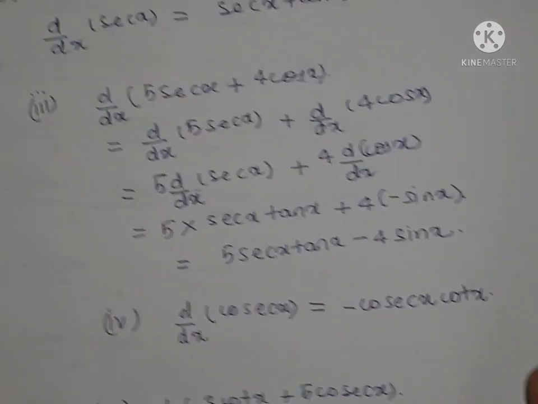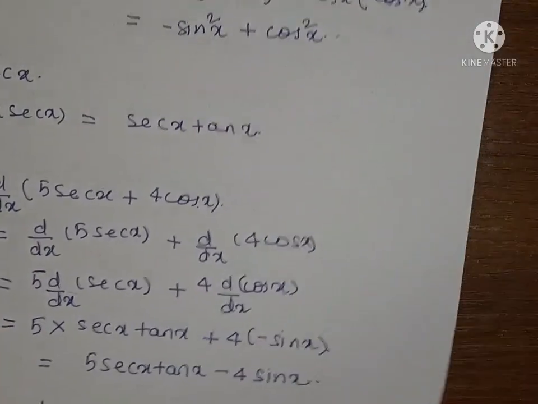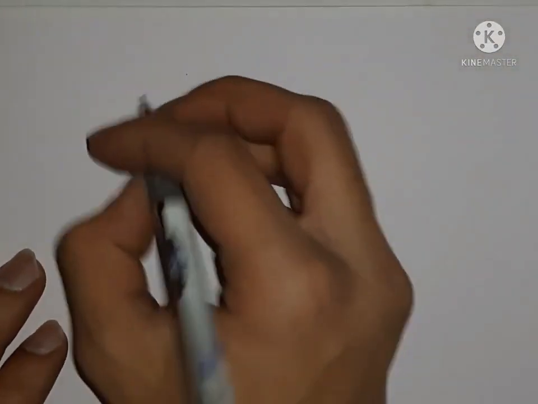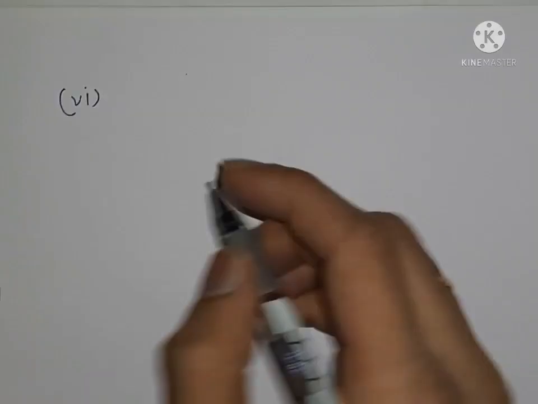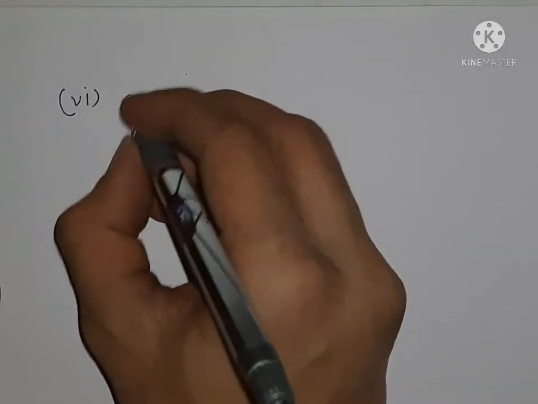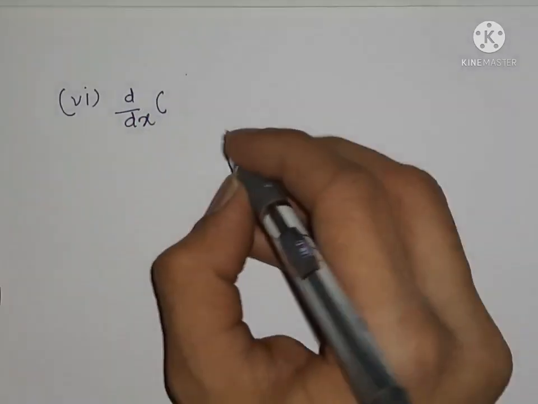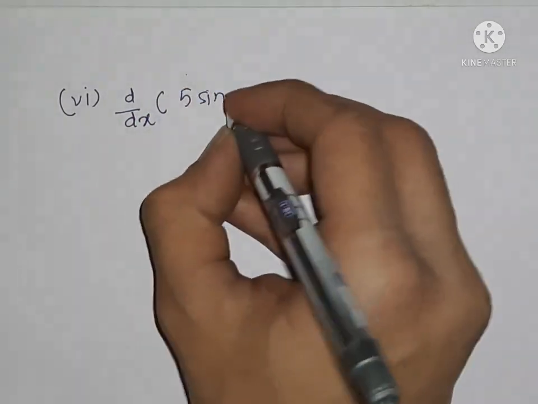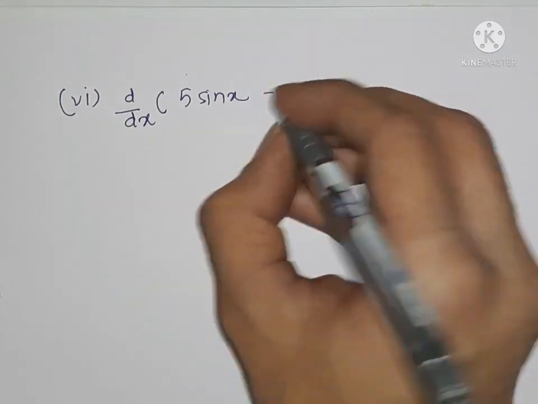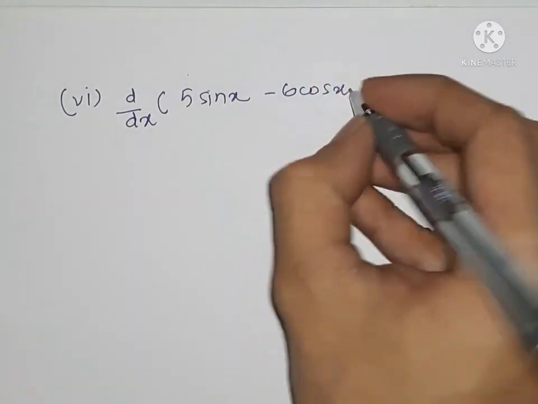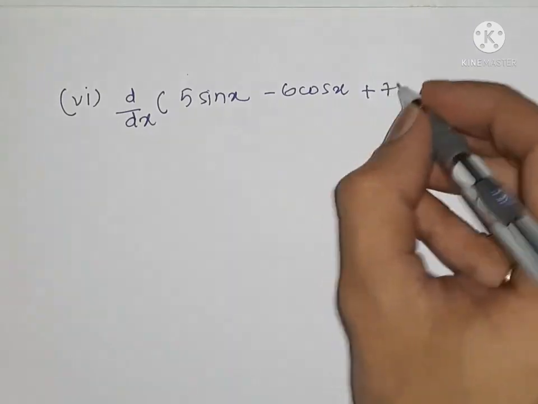Now let us go to the sixth one. So sixth one is, we have to find the derivative of 5 sin x minus 6 cos x and plus 7.